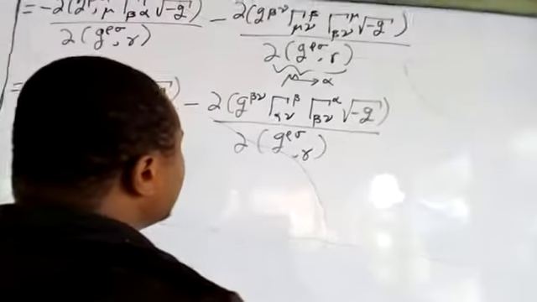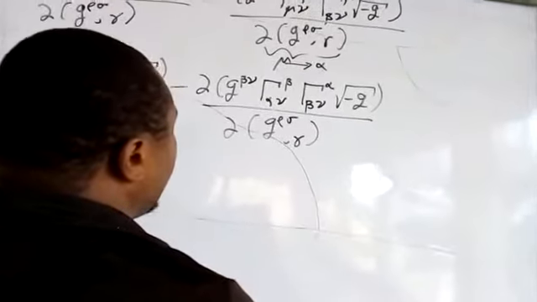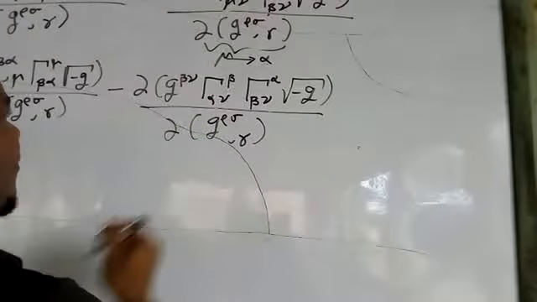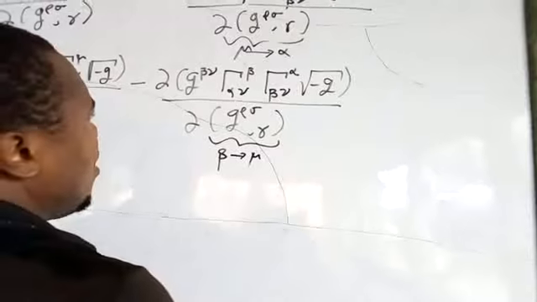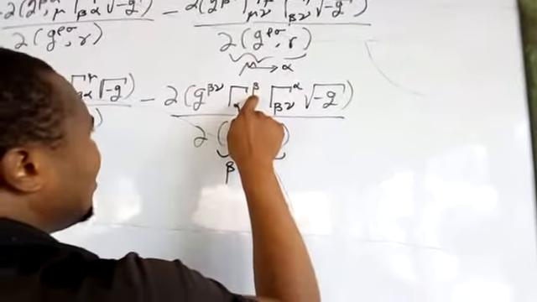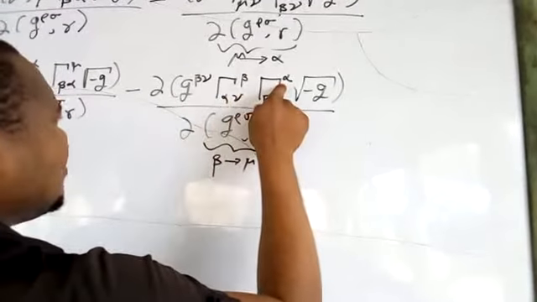So there is something else I can do. I can change beta to mu. But if I do that, I'll have a mu here, and I'll have a mu here.